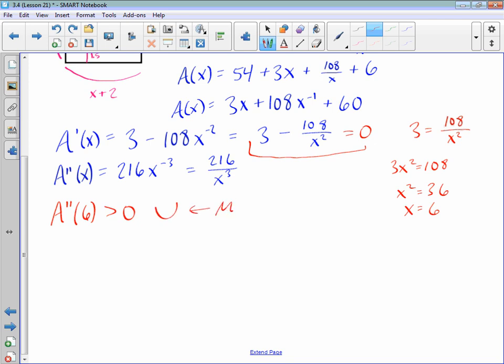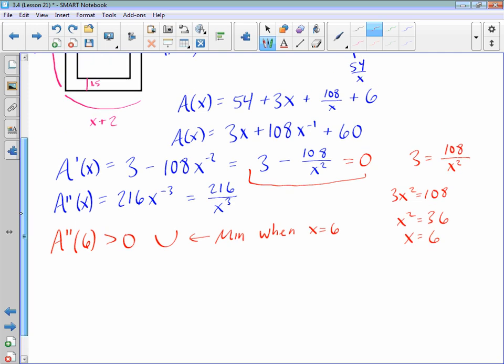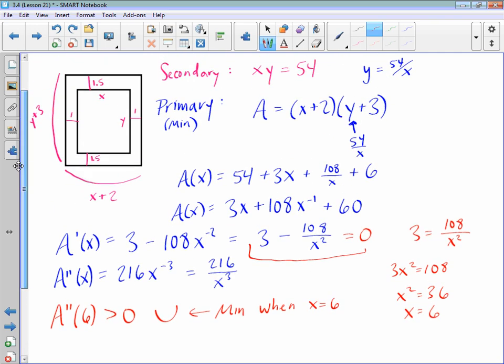So I know there's a min when x equals 6. And if x equals 6, what's my y equal? If my x is 6, wouldn't my y be 54 over 6? Yep. So my y is 9.